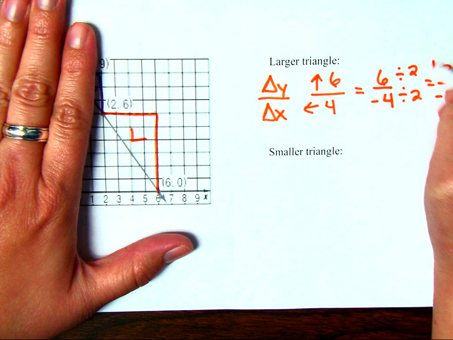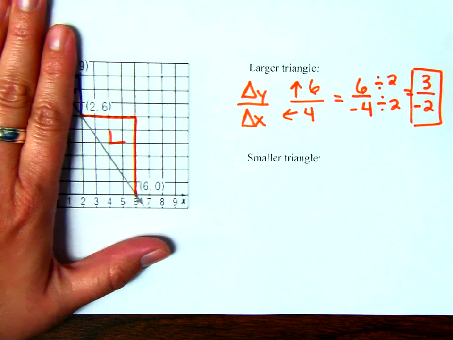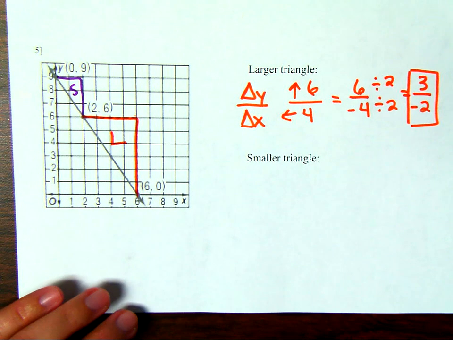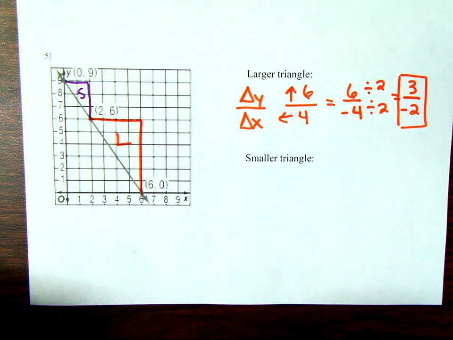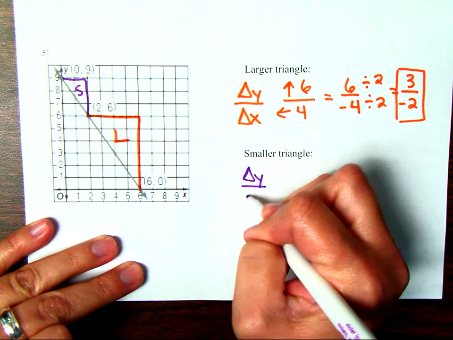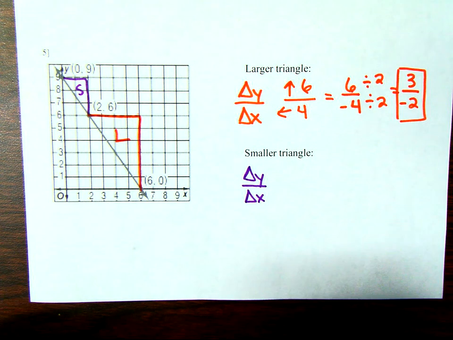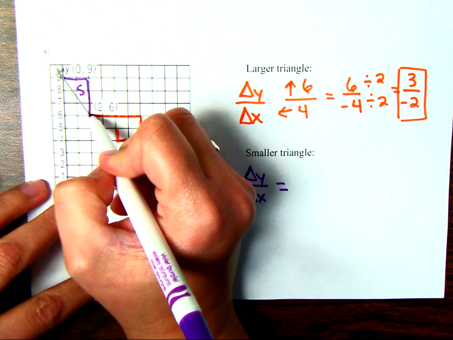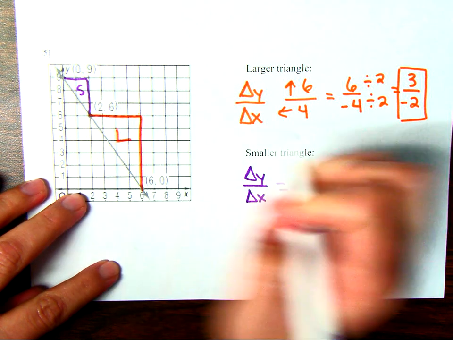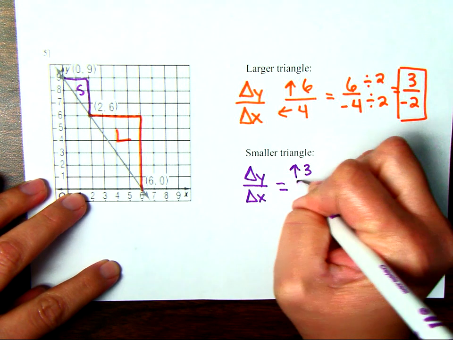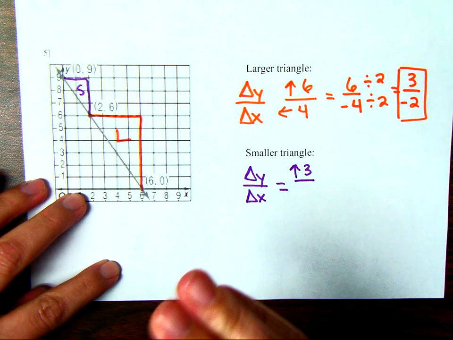All right, so now let's look at my smaller triangle. Change in my vertical compared to my change in my horizontal. So let's see what we've got. From here, I go 1, 2, 3, up. That's how I'm vertically changing, as I'm going up 3. 1, 2 to the left.